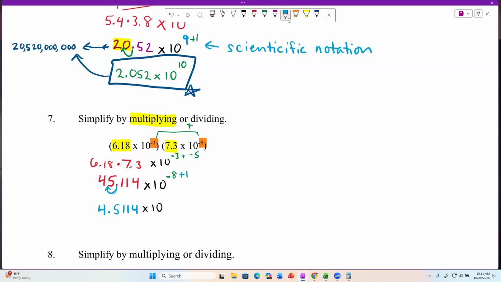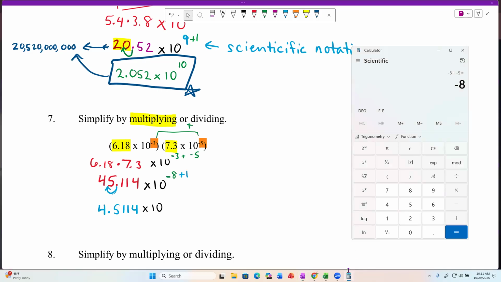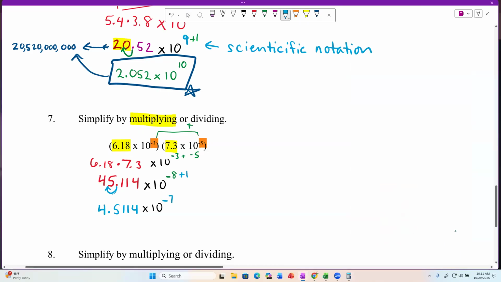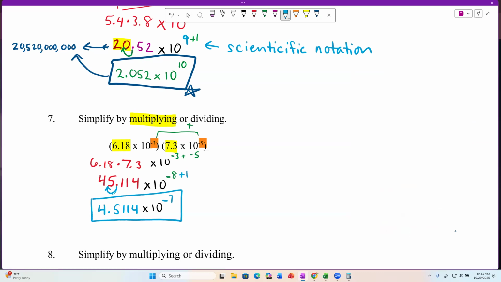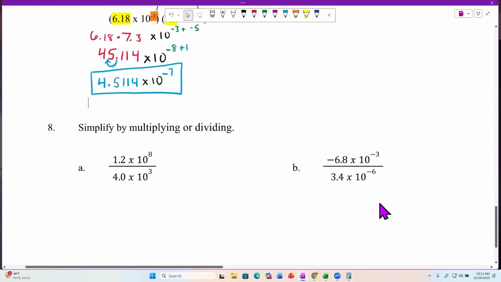So -8 plus 1 equals -7. That's going to be my answer. And again, I could check to make sure the two were equal, but I believe in myself.